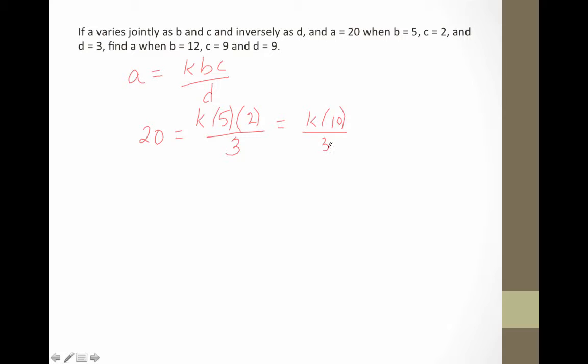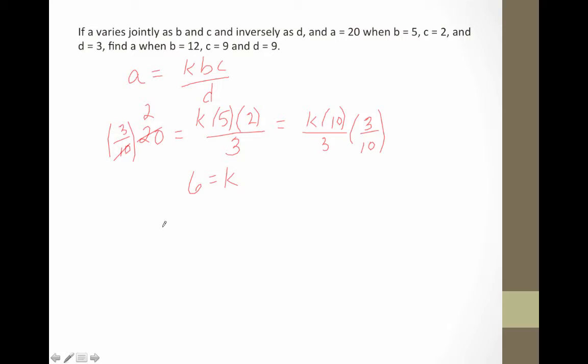And you can do the same process as before where you multiply by 3 and divide by 10. Or you can say, let's just multiply by the reciprocal of 10/3. So 20 times 3 over 10, I can cross those out and get 2. Or you can just do 60 over 10. And either way, you're going to get 6. So 6 is K.